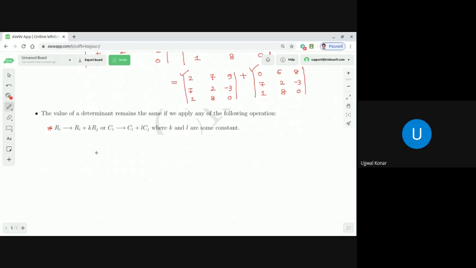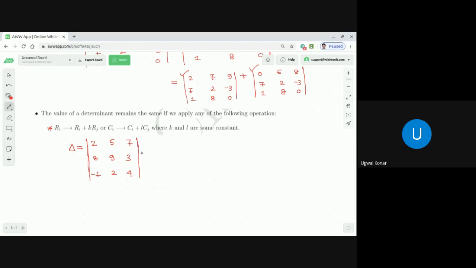So let's take a determinant something like this. We take a determinant delta something like this. Suppose let's take a 2 by 2 determinant, or let's take a 3 by 3 determinant. No problem. A 3 by 3 determinant will give you a little bigger view. That is 2, 5, 7, 8, 9, 3, minus 1, 2, 4, for example.